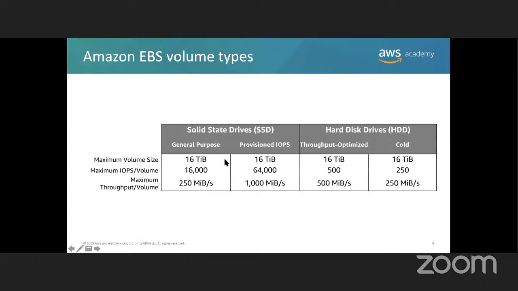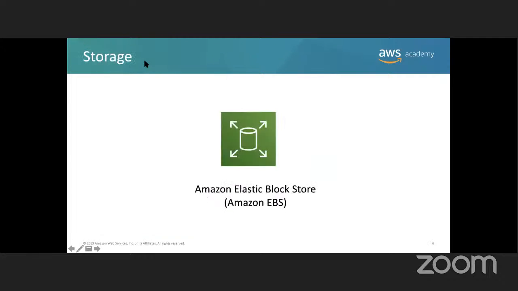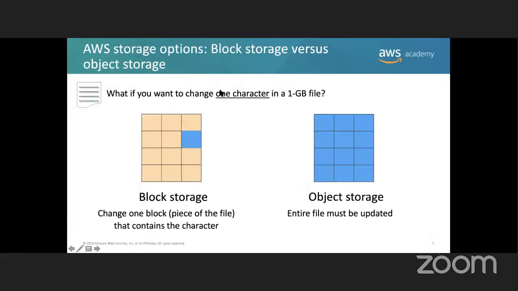Well, like it says here in this slide, if you want to change one character in a 1 GB file, when it comes to block storage, you don't have to update or modify the entire file.